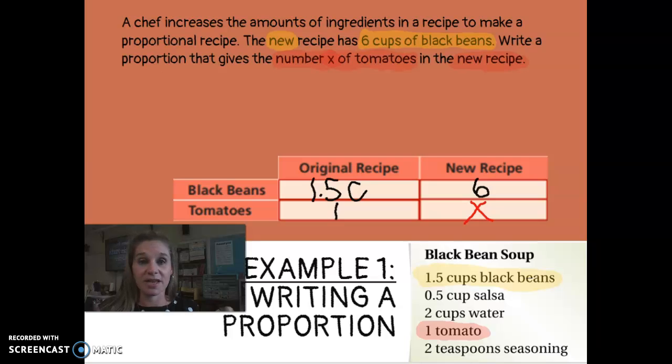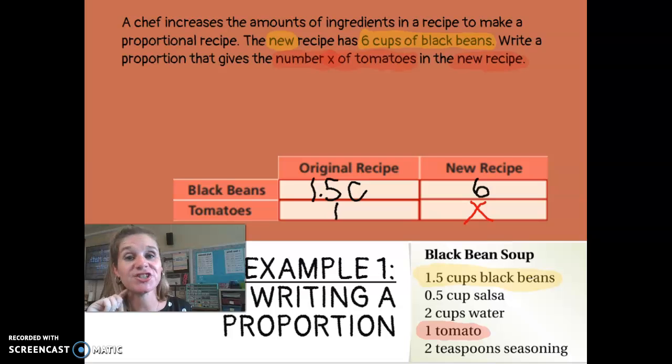So now we've got our table set up, and we can move on to the next step, which is writing that proportion. And all we'll have to do is take that table and set them equal to each other. And that's how we write the proportion.